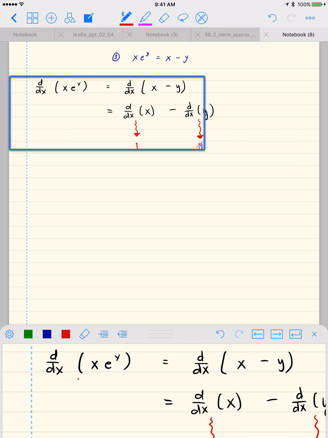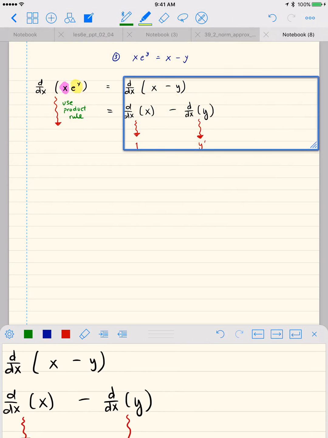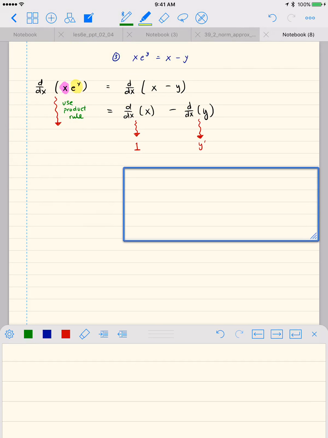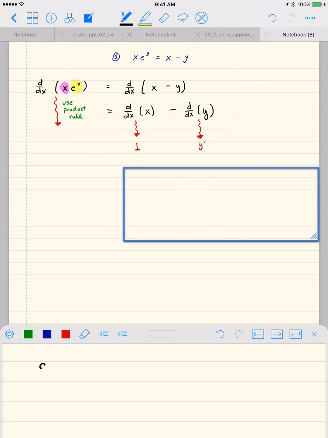Here, to find the derivative of x e to the y, we're going to need to use the product rule, because we have this function times this function, okay? So let's do a little computation over here.